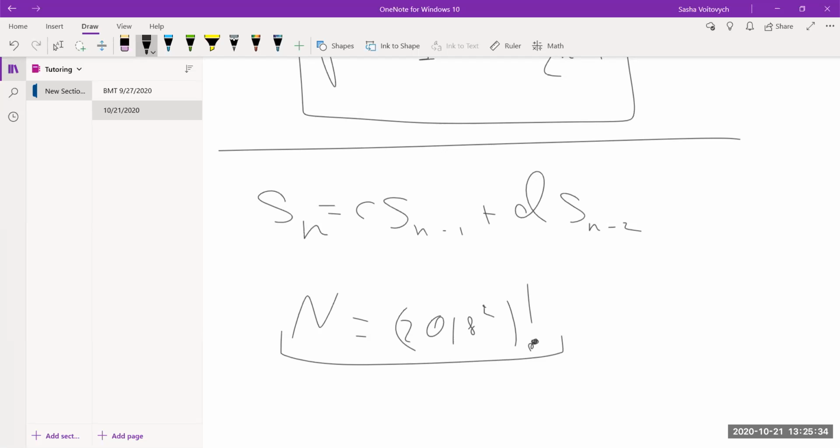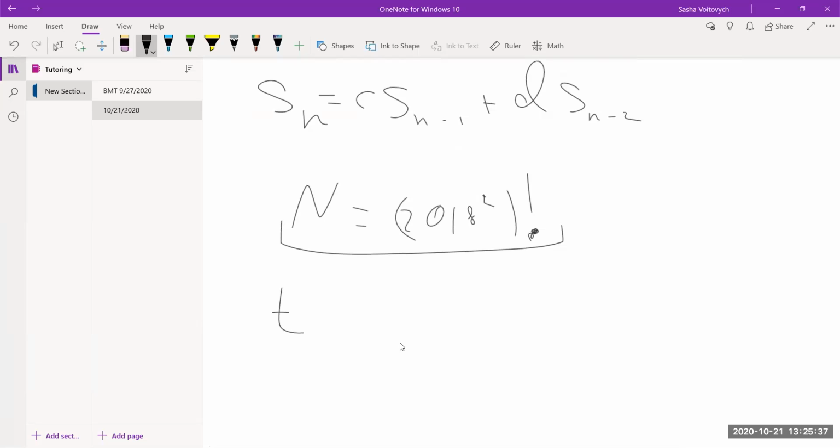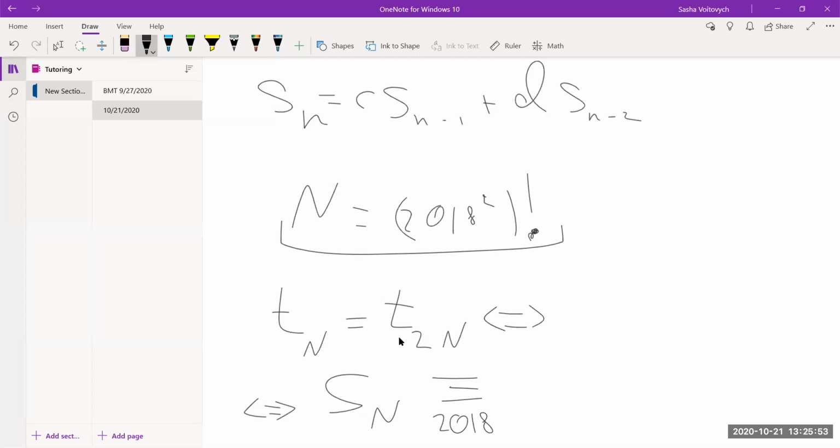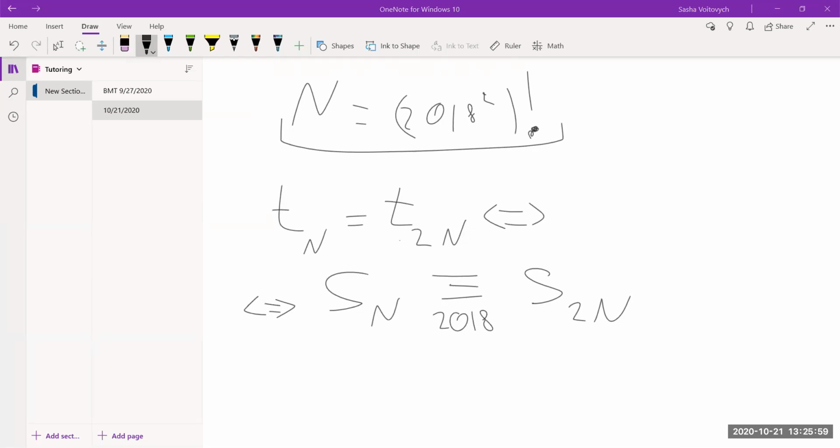Okay, and so we need to prove that T of n is equal to T of 2n. Or equivalently, that Sn mod 2018 is equal to S2n, regardless of choices A, B, C, and D. So again, this is a problem about periodic sequences.